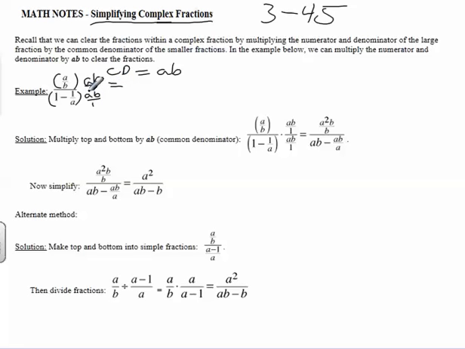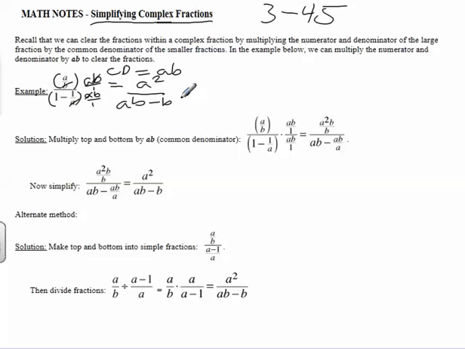So when I simplify the top, the b can cancel with this b, and I end up with a times a squared over 1, and so we don't need the 1 anymore. When I do this on the bottom, I'm going to distribute, so the ab times 1, I get ab, and then I need to have the subtraction sign, and then ab times 1 over a, the a's cancel out, and I have b left.